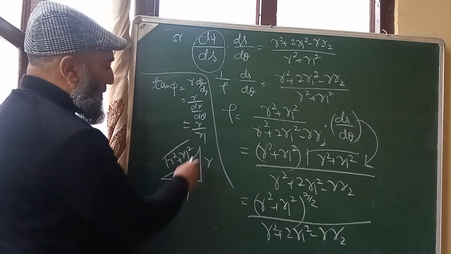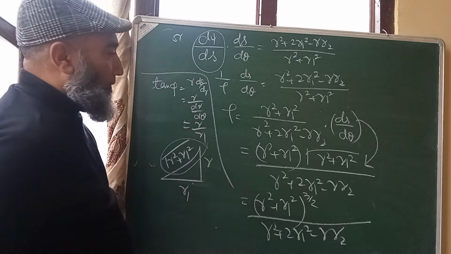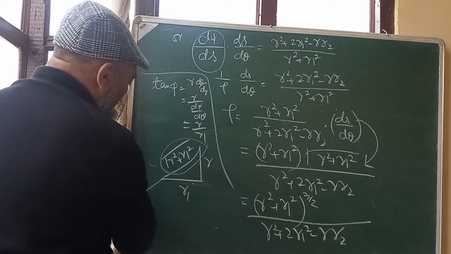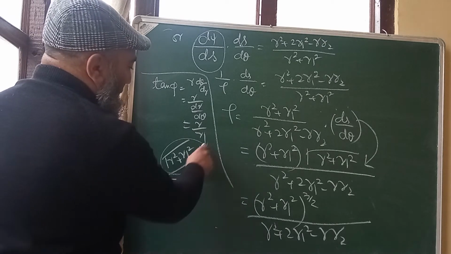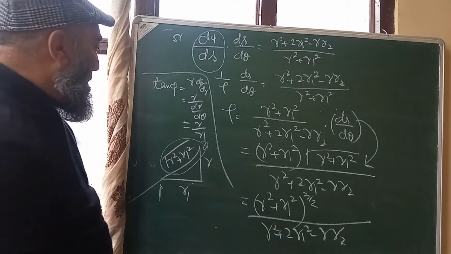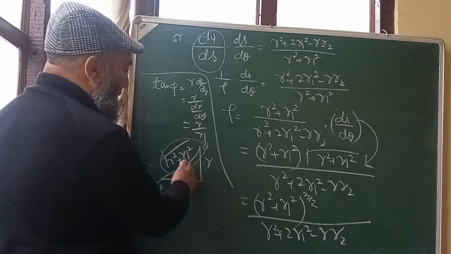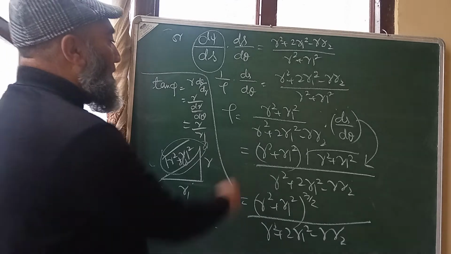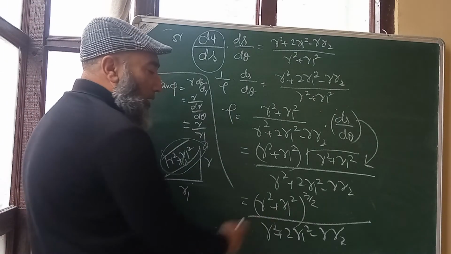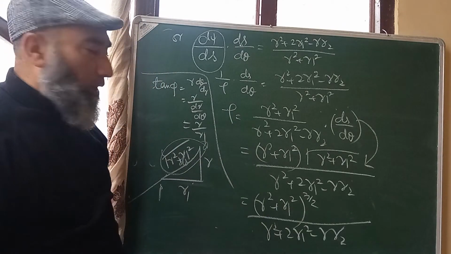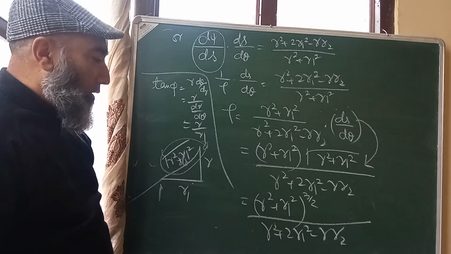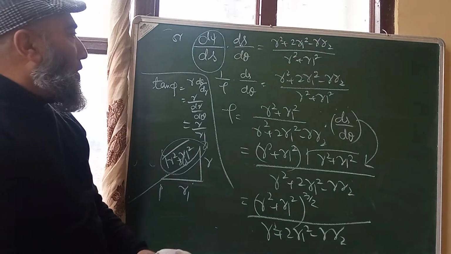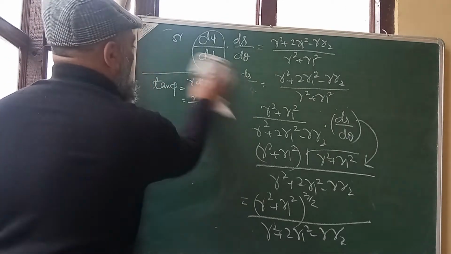Okay, you can remember it from there. ds by d theta is the same way I had shown you. This is p, this is q, and so on. You will do it. And this will be ds, so this will be under root of r squared plus r1 squared. So radius of curvature for polar form is (r squared plus r1 squared) to the power 3 by 2 divided by r squared plus twice r1 squared minus r r2. Let me now take up a few questions.